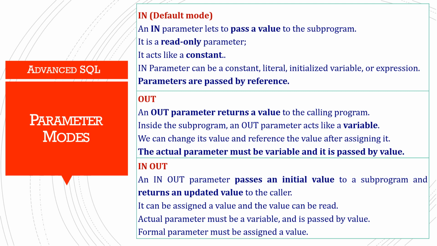It can be assigned a value and the value can be read. The actual parameter must be a variable and is passed by value. The formal parameter must be assigned a value. So these are the three parameter modes used in subprograms.